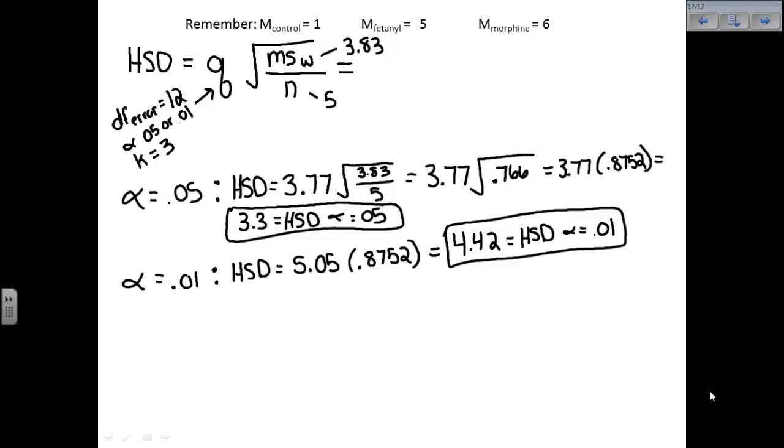Okay, so now let's go ahead and figure out all of these mean differences to determine which groups are significantly different. So we have to take the mean for the control group minus the mean for the fentanyl group, the mean for the control group minus the mean for the morphine group, and the mean for the fentanyl group minus the mean for the morphine group.